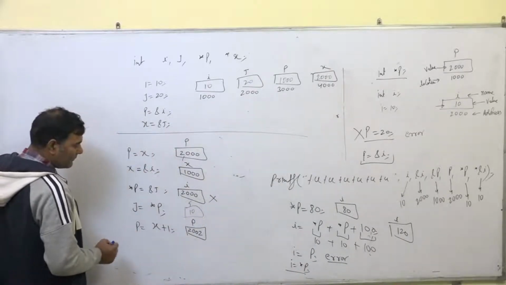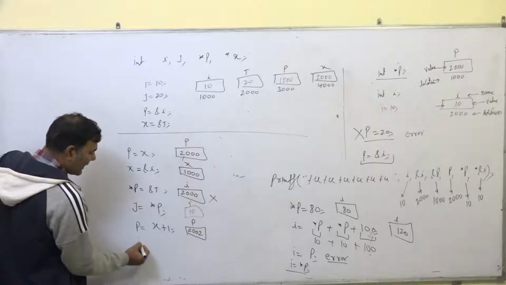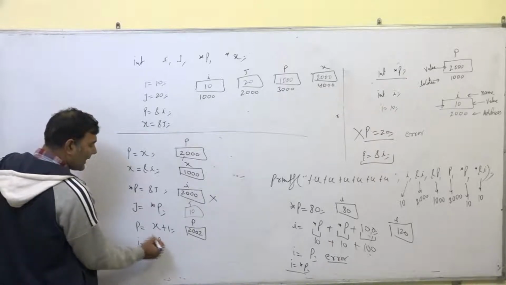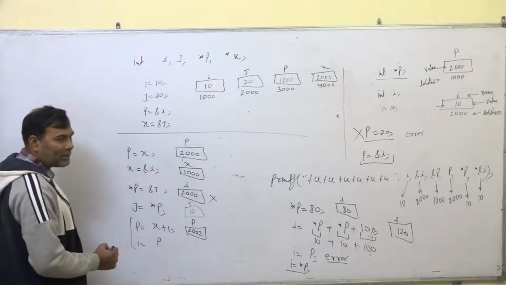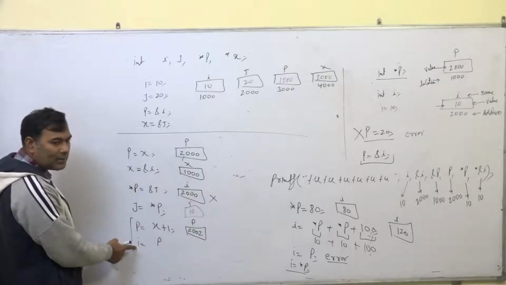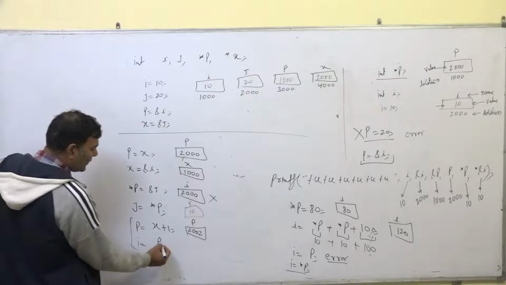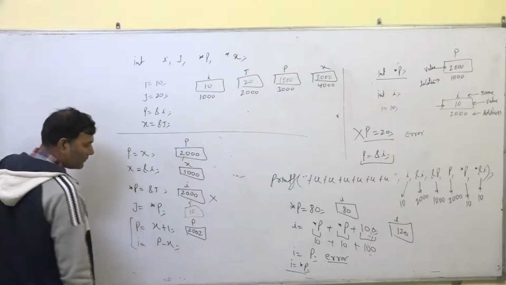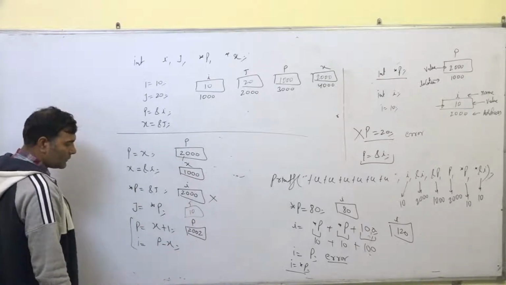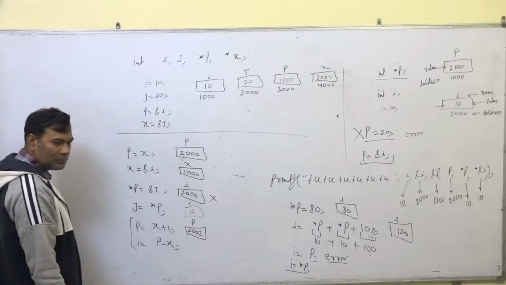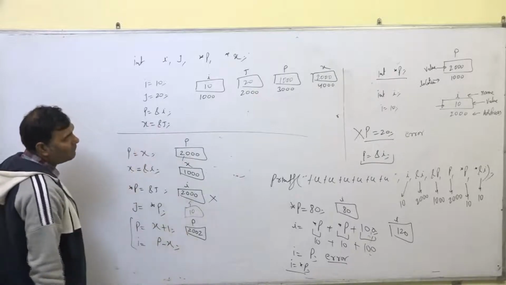Now I equal to P minus X. Let these two lines be connected. So P is this value. You can take X from that location.